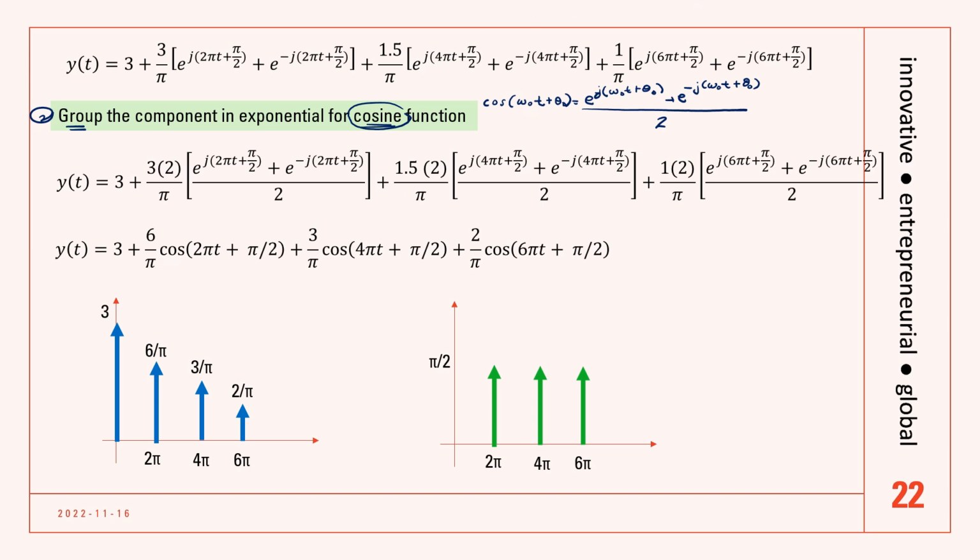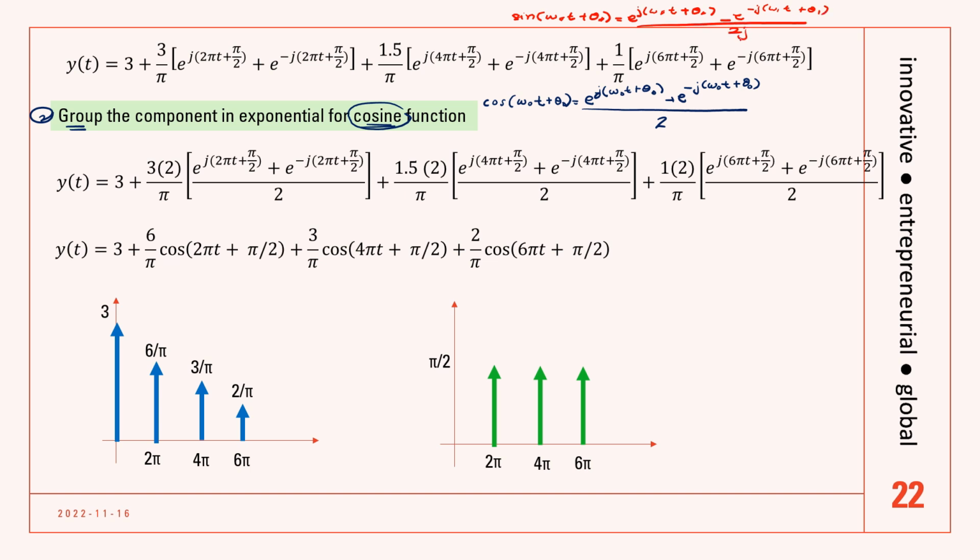But for sine, sine of omega naught t plus theta naught is equal to exponential j omega naught t plus theta naught minus exponential minus j omega naught t plus theta naught, whatever inside the bracket, divided by 2j.